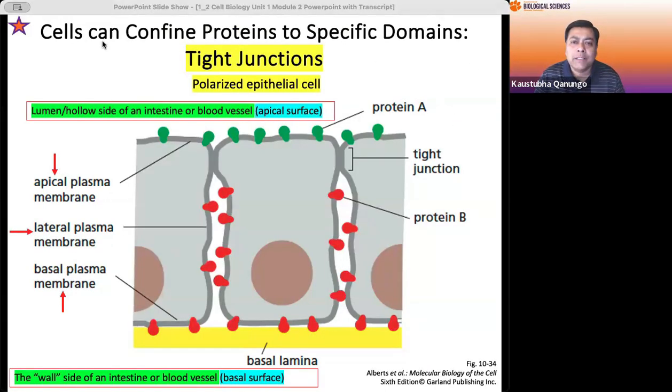Okay, so here the cells can confine proteins in specific domains. Here these are the epithelial cells, and we talked about this yesterday. These are polarized cells where you have an apical surface right here, and right here is the basolateral surface. The apical surface can be the lumen, the hollow side of the intestine or blood vessel, whereas this is the wall side of the intestine or the blood vessel.